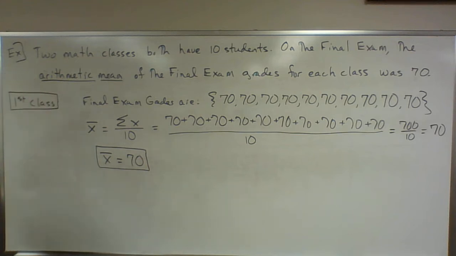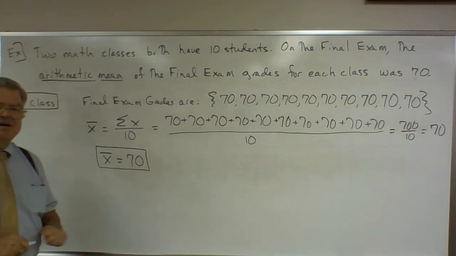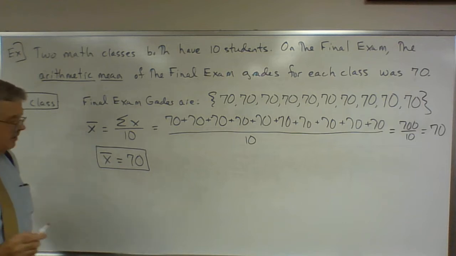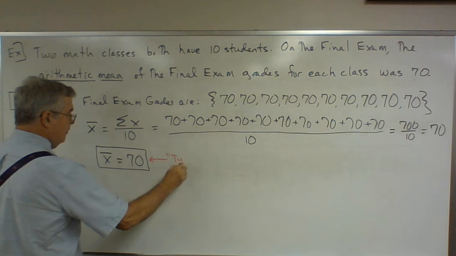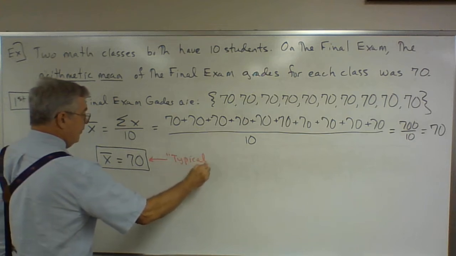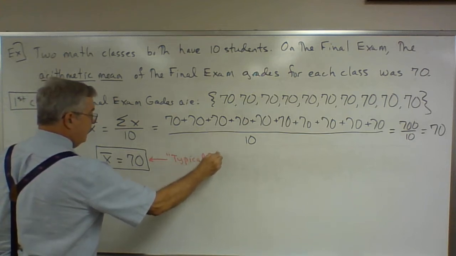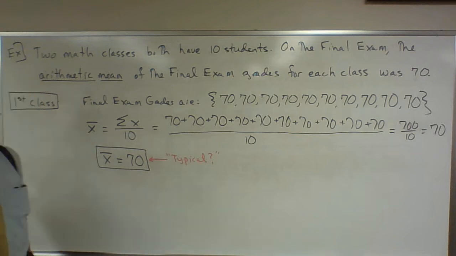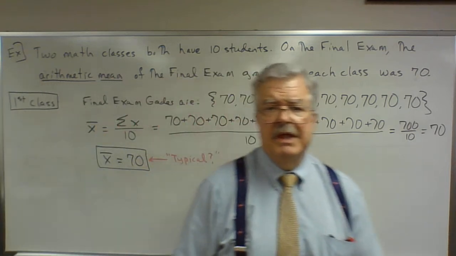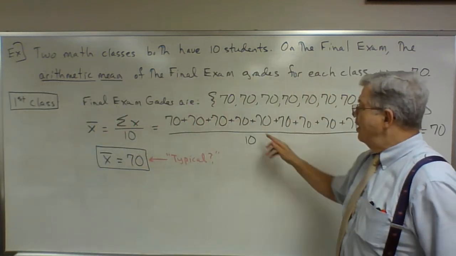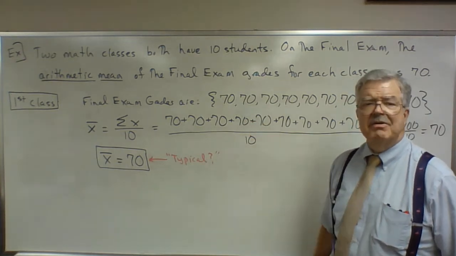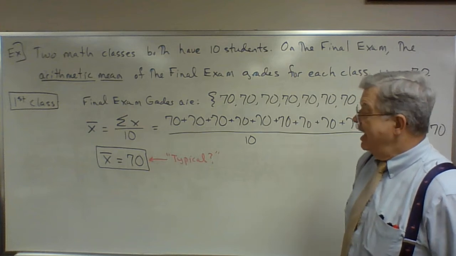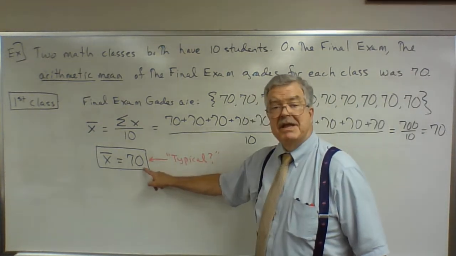And when we think of average, we think, is this typical? In this case, absolutely. All of the students, not bad, not good, right around a 70. And the arithmetic mean is a 70.